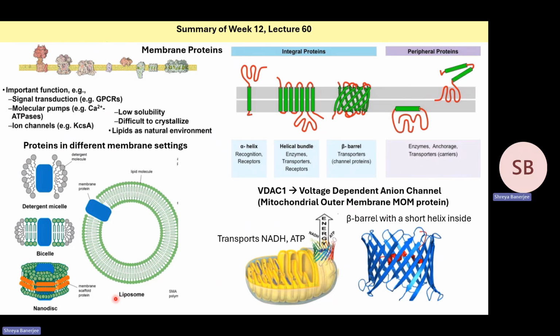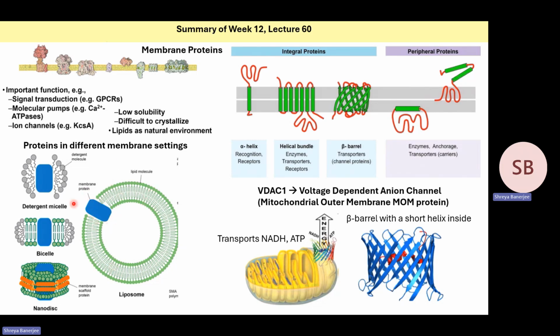But by far the most accurate representation, which is used in the most modern research experiments, is forming a liposome. So you have a huge lipid vesicle, and the membrane protein is kind of embedded in the middle of this lipid membrane. This entire thing is called a liposome, and it is kind of simulating the natural environment of the protein.